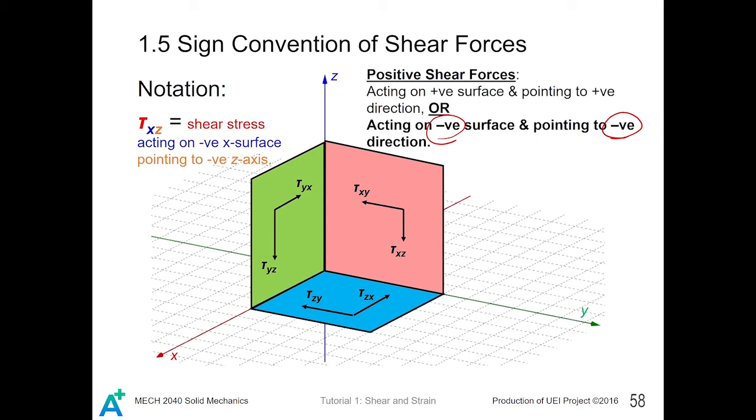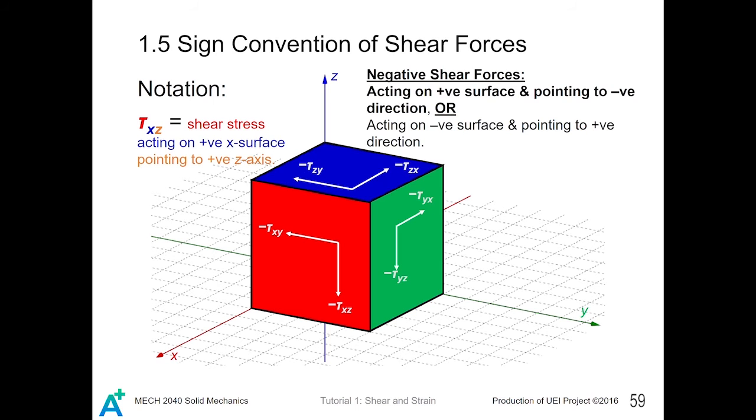One question you might ask is, what is tau xx? The answer is that there is no such thing as a force acting on the x surface pointing in the x direction. Let me take the positive y surface as an example.